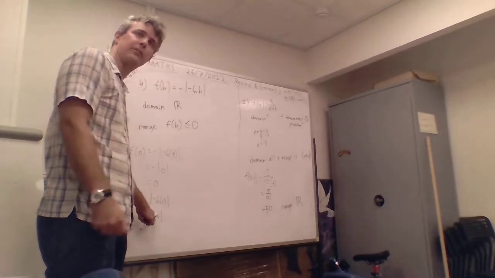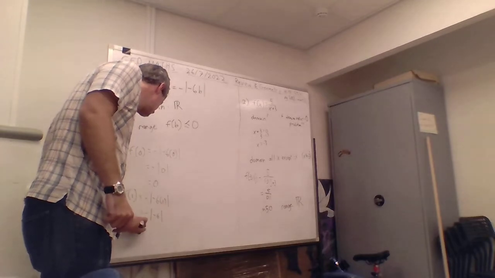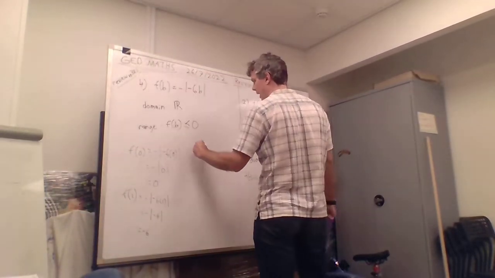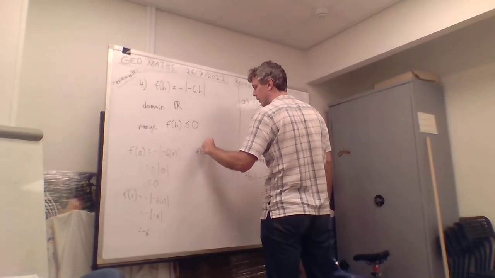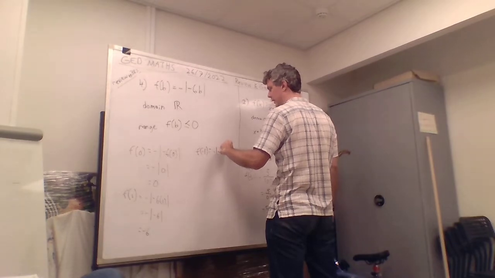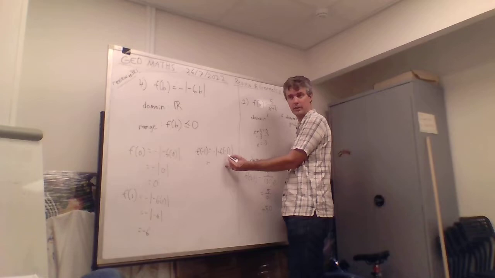Now the absolute value of negative 6 becomes 6. So that equals negative 6. Let's try f of negative 1. Negative 6 times negative 1.